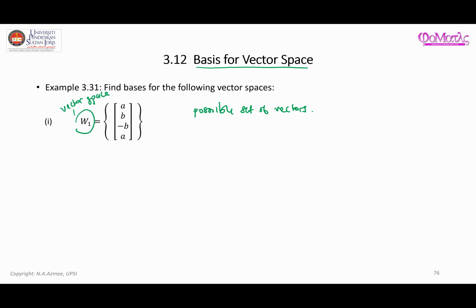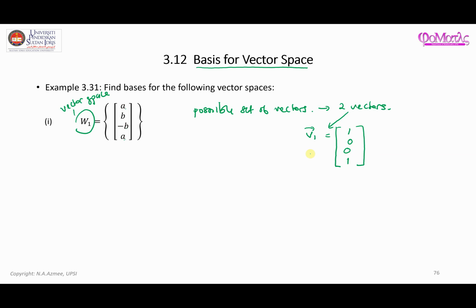Of course, the simplest number of vectors that you can consider is 2 vectors. For example, the first vector could be something like this. You let a become 1, b for example 0, therefore negative b is just negative 0, which is 0, and a is the same value, so here is 1.